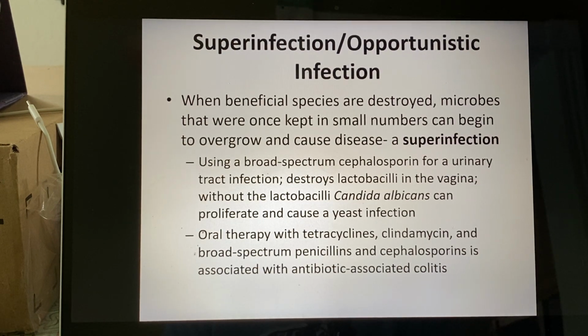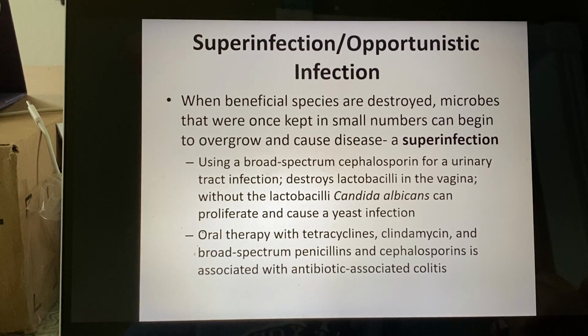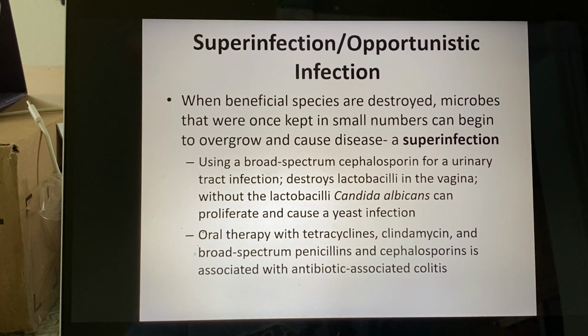Okay, so examples of these, and probably some of you gals have experienced this. You go in for a UTI, or even for a sinus infection, you're given an antibiotic, and then boom, you end up with a yeast infection. What is happening is that the antibiotic is getting rid of the bad guy, but it's also destroying the normal bacteria located in the vaginal environment.